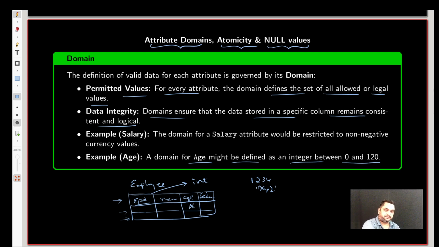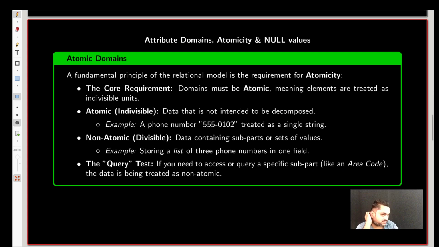So domains are set. Then what are atomic values? Atomicity in transactions is a different concept. Atomicity here means: in the ER diagram, you have seen two types of attributes we are interested in now, composite and multi-valued. You already know these concepts. Composite means it can be further split into simple attributes.